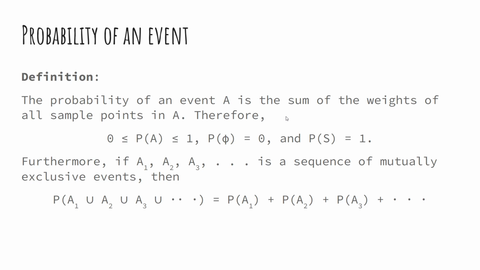Otherwise, if you are not taking every one, the probability has to lie somewhere between 0 and 1. If it is 0, that means it's an empty set. In other words, this is an impossible event. We had spoken of this earlier, right? So an impossible event will have probability 0 and the whole event will have probability 1.